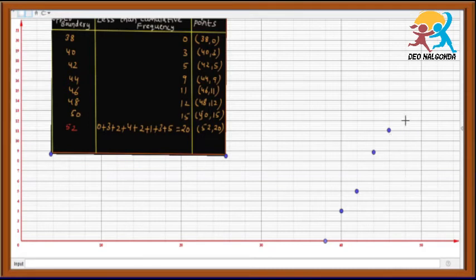This is 48 and this is 12. 50 comma 15, this is 50, 15, and 52 comma 20, this is 52 and 20 is here. After denoting all the points, we have to join all the points. I am joining.